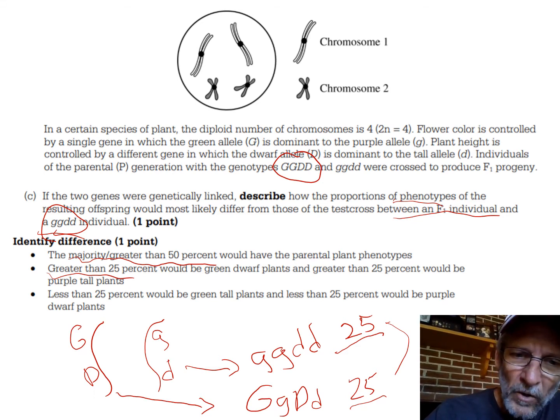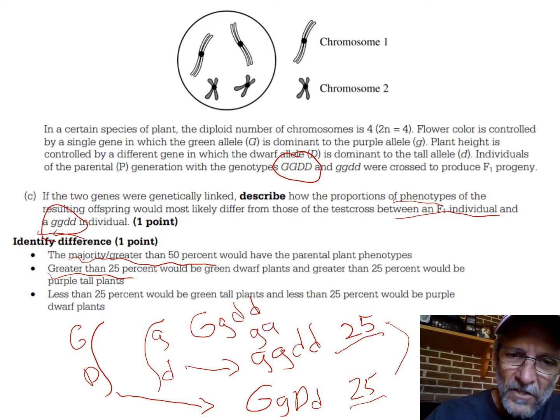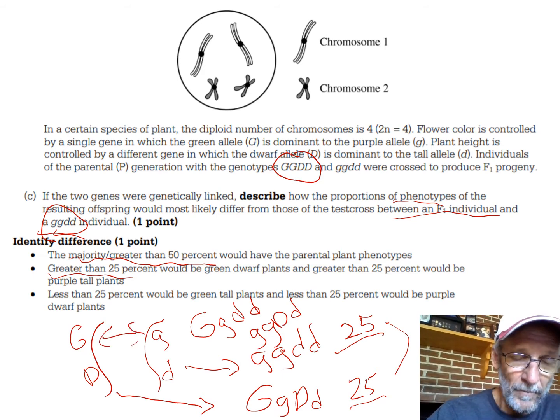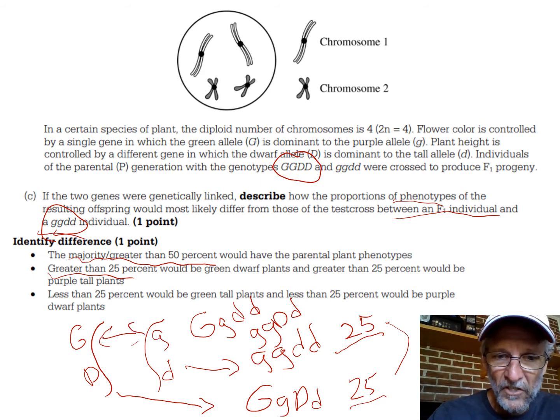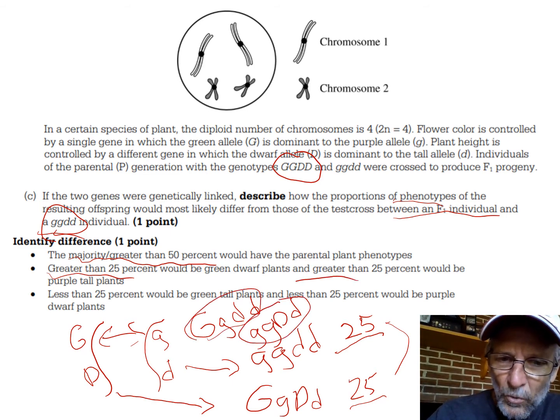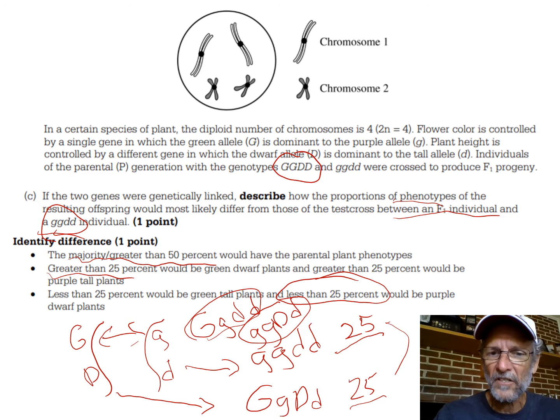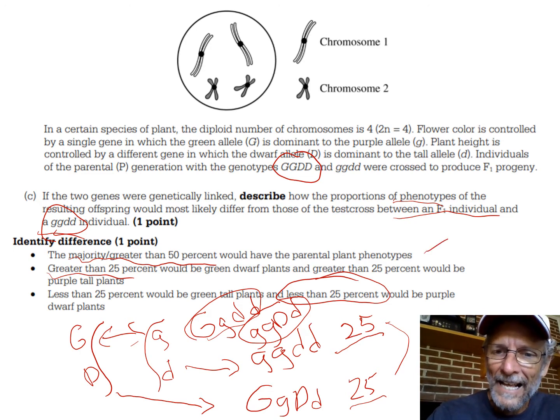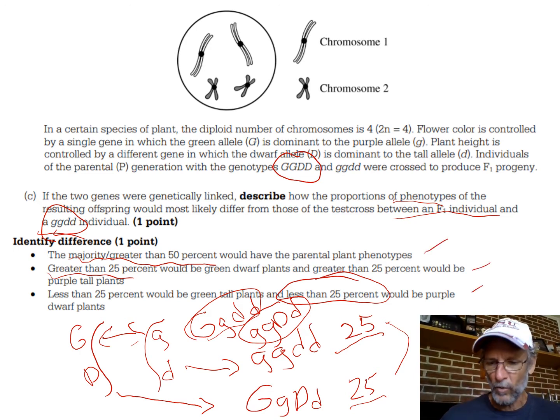Or if you said, okay, those kind of kids that could only come about by crossing over, the recombinant kids, right? That somehow these genes, by crossing over, these switch places, so you could get kids like this, but I wouldn't predict that you would get 25%. I'd predict less than 25%. Any one of those answers would have given you that 1 point.